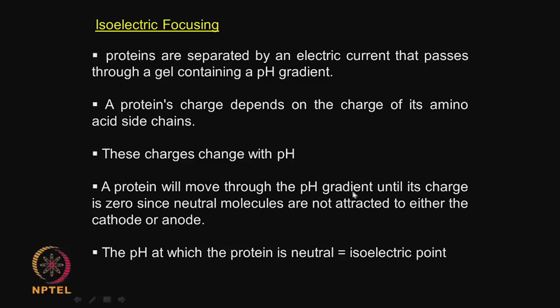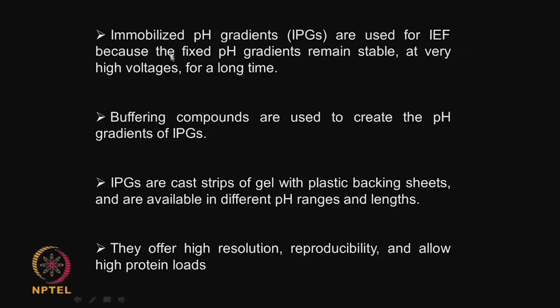The protein will keep moving through the pH gradient because of the electric current and its charge, but as soon as the charge is neutralized, when it reaches its isoelectric pH, it will stop there, and that is how you achieve separation. So, proteins with different isoelectric pH will move in a pH gradient and stop as soon as they reach a neutral charge condition.